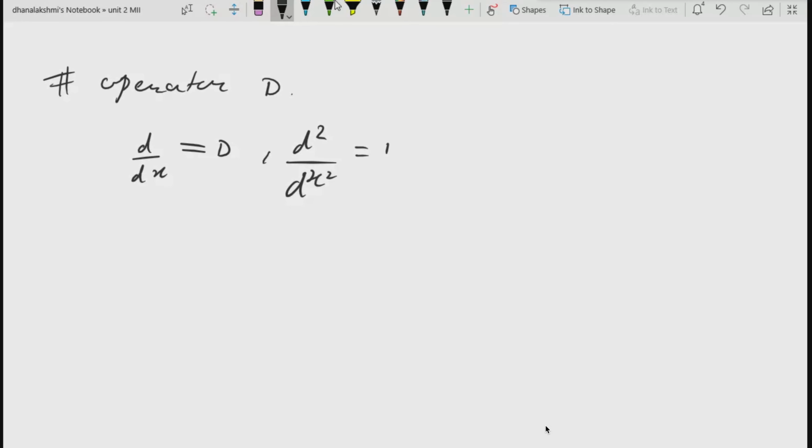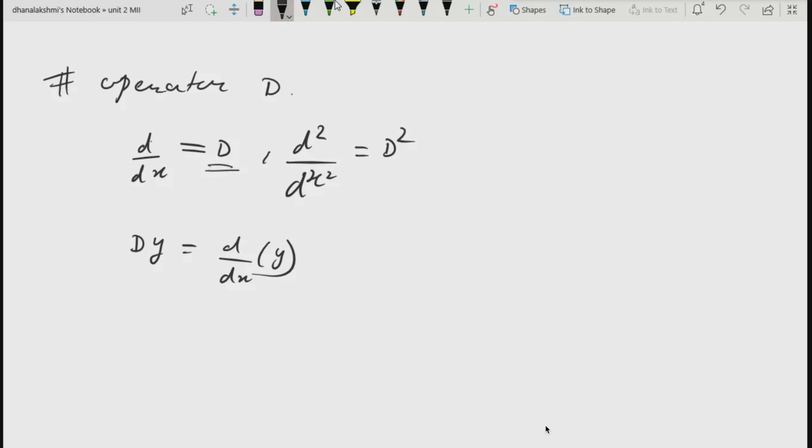These are all operators. This operator D is a differential operator, d by dx. D square is also an operator, d square by dx square. So if I want to apply D on y, what do I want to do? I want to differentiate y with respect to x. Understood, all of you?